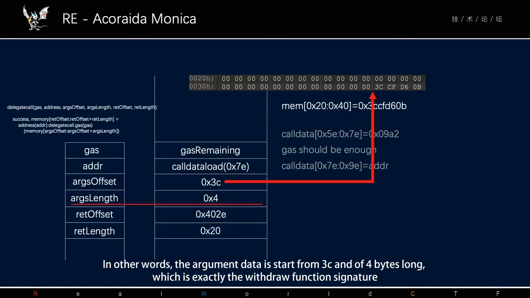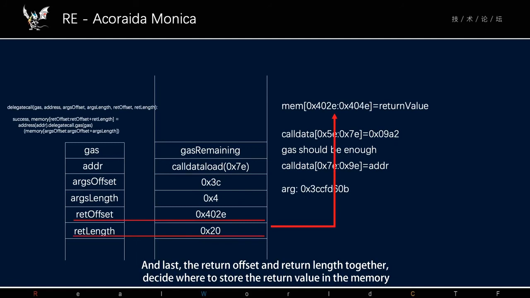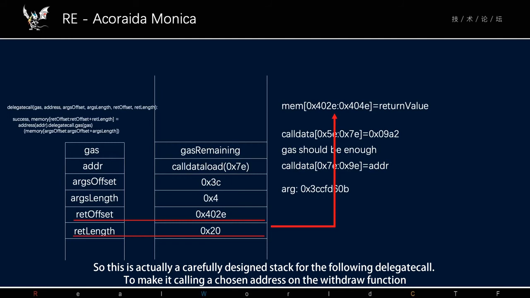In other words, the argument data starts from 0x3C and is 4 bytes long, which is exactly the withdraw function signature, right? And lastly, the return offset and return length together decide where to store the return value in memory. So this is a carefully designed stack for the following DELEGATECALL, to make it call a chosen address on the withdraw function.